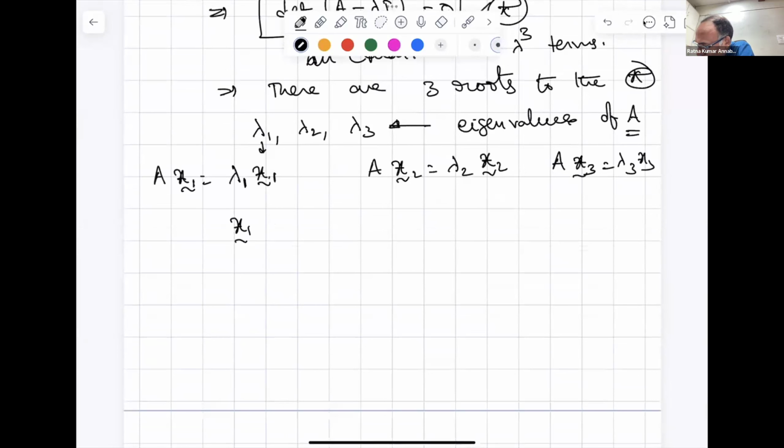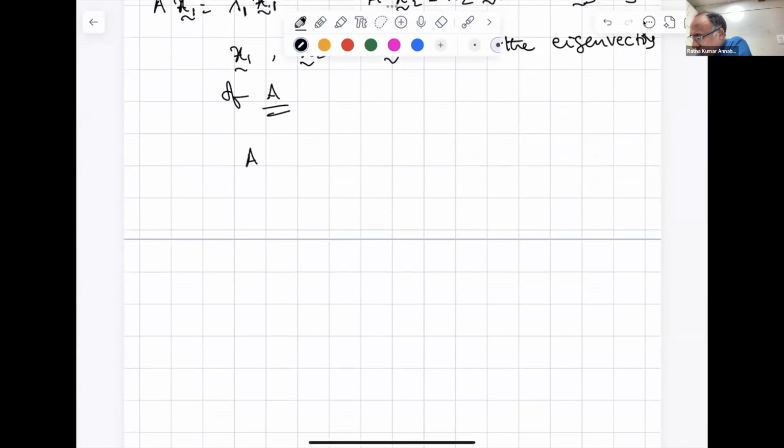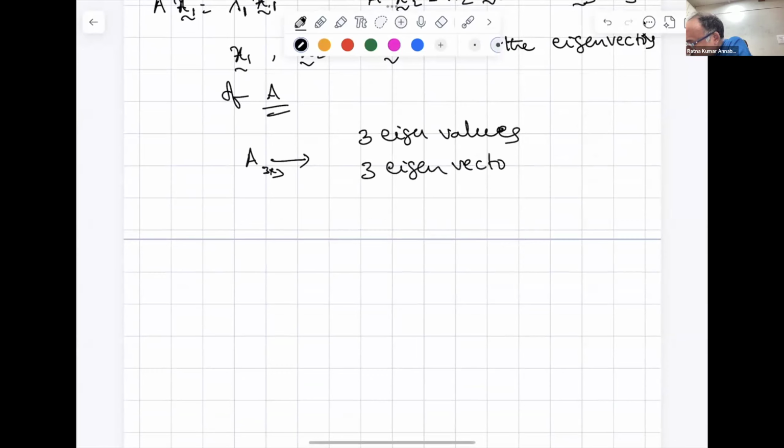So the vectors x1, x2 and x3 are the eigenvectors of A. If you have a 3 by 3 matrix A, it has 3 eigenvalues, and corresponding to each eigenvalue there will be an eigenvector. So 3 corresponding eigenvectors.